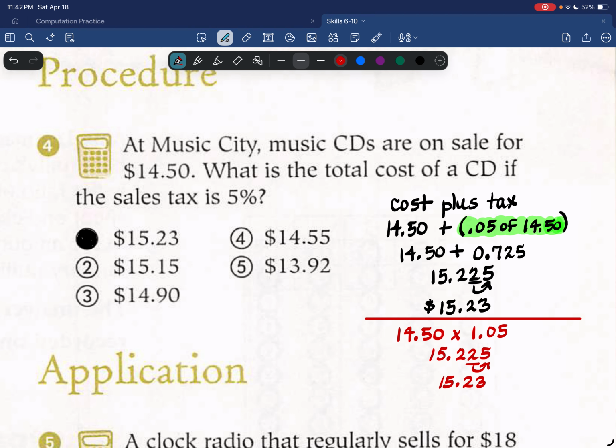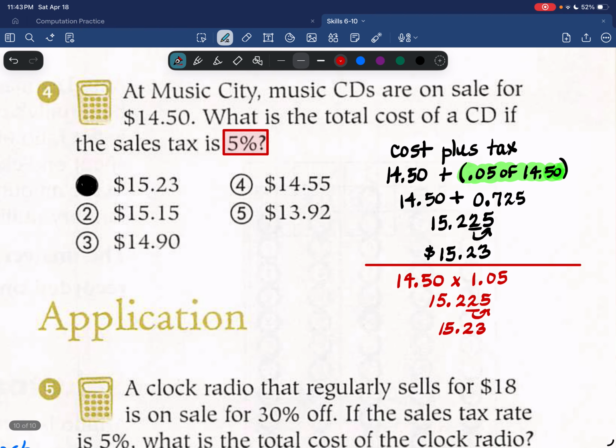So make sure if you use this method that you don't do what I did. You use the tax rate, which is this number, 5%. That's what gets added to every dollar, not some weird number that I found. Okay, sorry about that. This will be my last video for tonight.